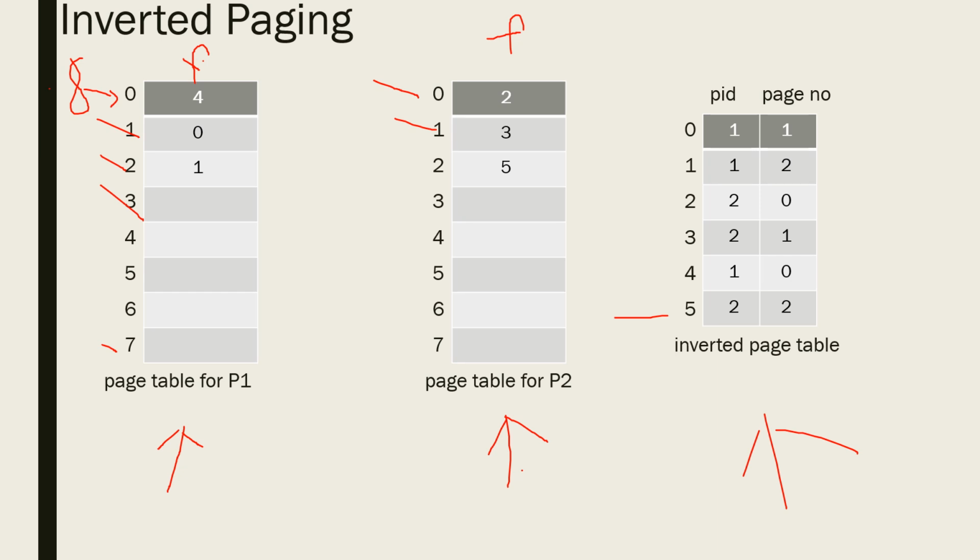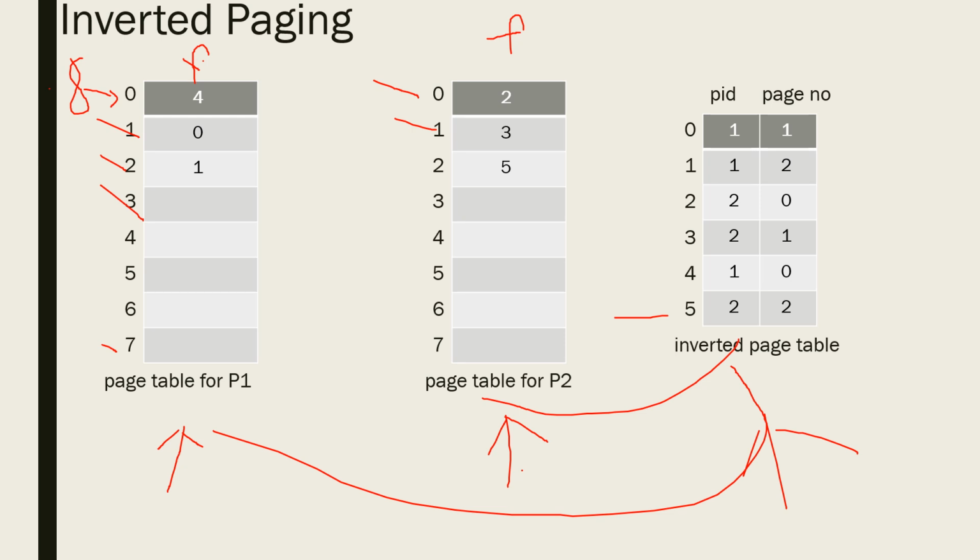The page table for process P1 is put in the inverted page table, and the page table for P2 is also put in the inverted page table, along with the physical memory frames.